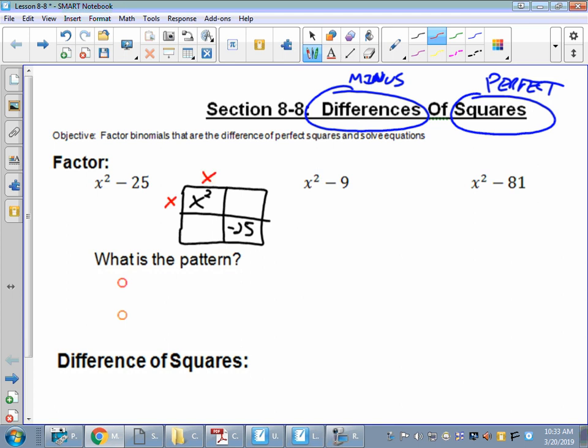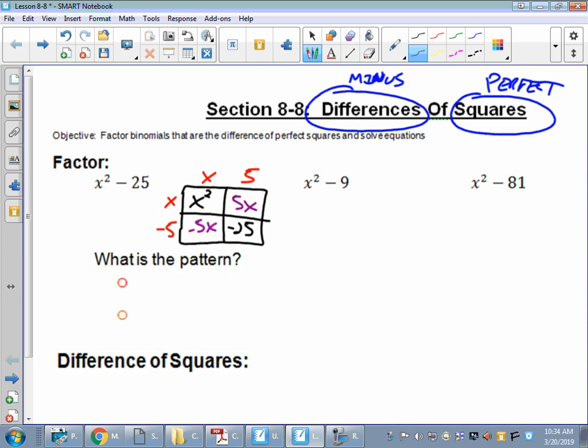And for 25, we could take 5 and 5, but one of them's got to be positive, one's got to be negative. So if we put a 5 here and a negative 5 here, then when we multiply, we get negative 5x here, and a positive 5x here.